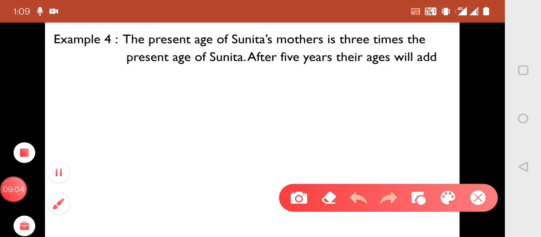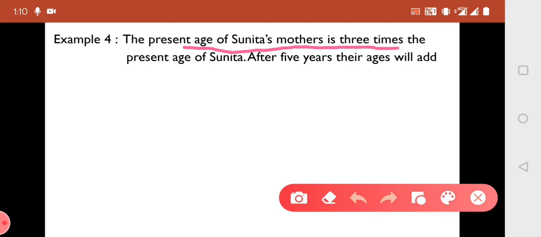Next example: the present age of Sunita's mother is 3 times the present age of Sunita. One condition is given, that the girl, Sunita, has a present age such that 3 times her age is equal to her mother's age.